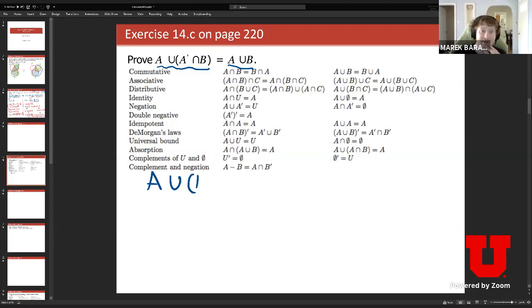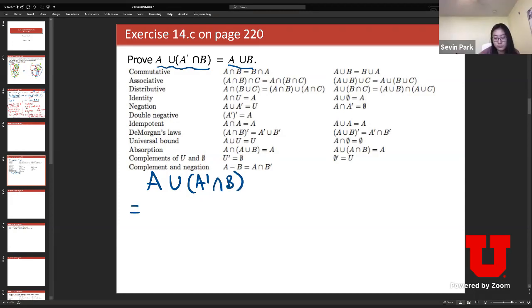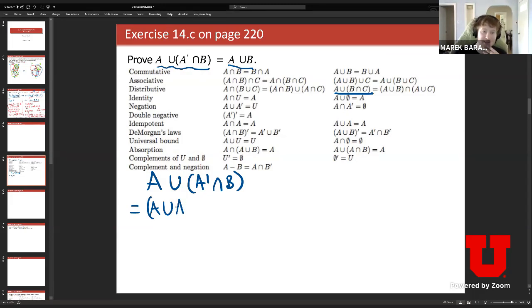So what should I do to get started here? Distributive. Yeah, so let's apply the distributive rule. So we're going to get A union A complement intersect A union B. That's by the distributive property. And what should I do next? Negation.